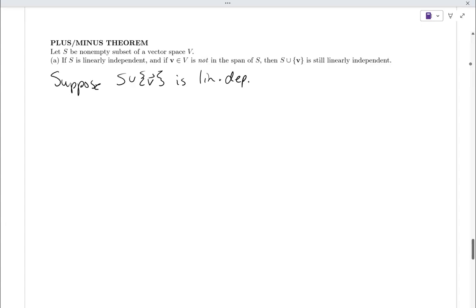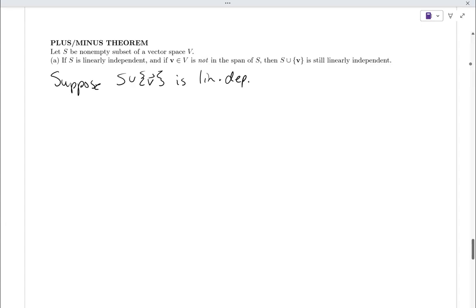What is our definition for linear dependence? When we're talking about linear dependence or linearly independent from the definition, what special linear combination are we trying to look at? A linear combination that gives us the zero vector, right?